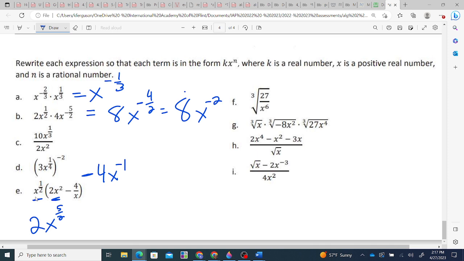So now I've got x to the 1/2 power times negative 4x to the negative 1. So what do you get? You get negative 4x to the negative 1/2 power. Yep.